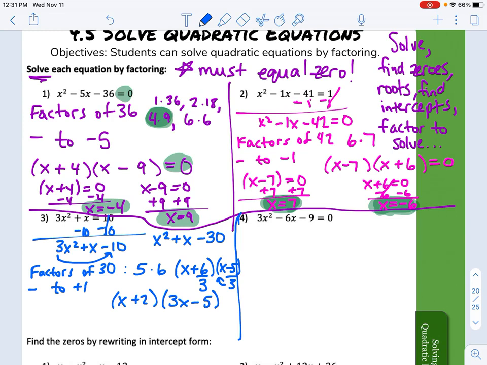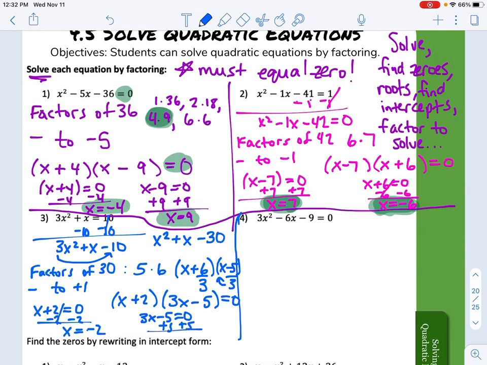From here, we need to still have these equal to 0, so we set each of them equal to 0: x plus 2 equals 0, 3x minus 5 equals 0, and we solve. x equals negative 2. This one we need to do 2 steps.